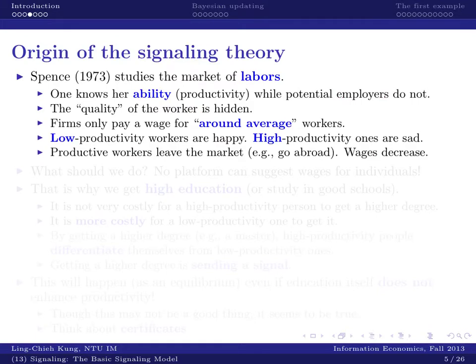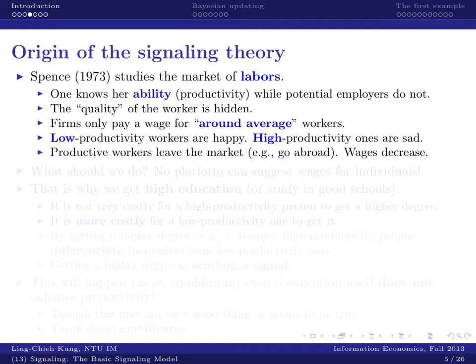Just like the used car case, firms or employers will only be willing to pay a wage for around average workers. If you are really good, I would be willing to pay a high price, because otherwise other firms will offer you a high wage and you will work for other people.